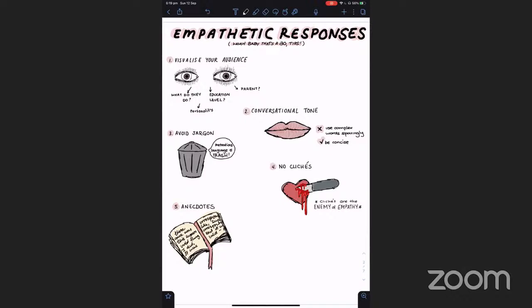No, that's okay. All right, so the next one is jargon. I'm pretty sure Gayatri asked me what jargon was a couple minutes ago. We want to avoid jargon when we are writing with an empathetic approach.